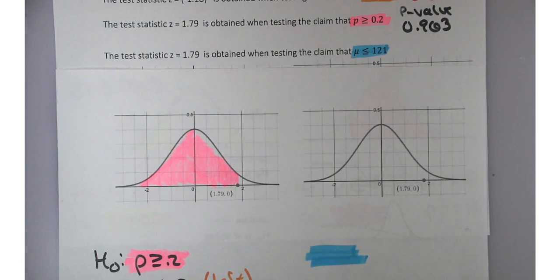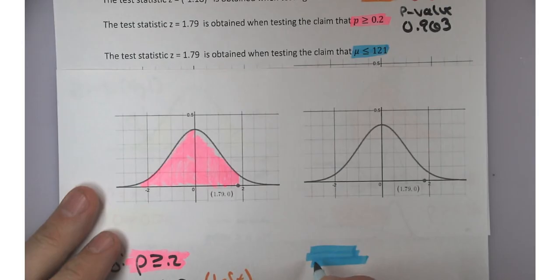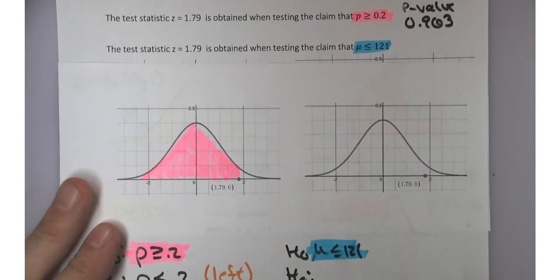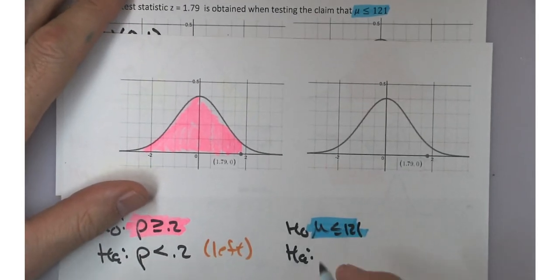Is that going to be part of the null hypothesis or the alternative hypothesis? The null hypothesis. It contains the possibility of equality. So that's going to be mu is less than or equal to 121. That's H0. What's the alternative hypothesis going to have? Mu is greater than 121. Awesome.